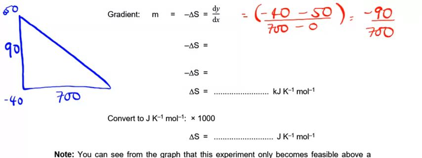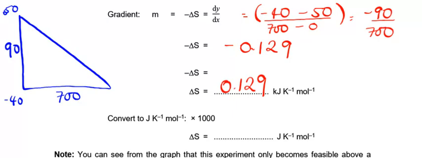And remember, that is minus delta S. So minus delta S is minus 0.129, which means that delta S will be 0.129.